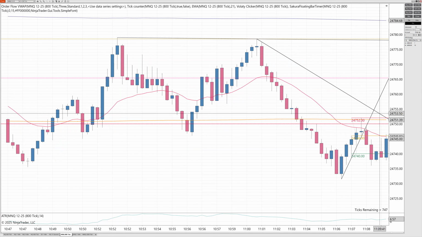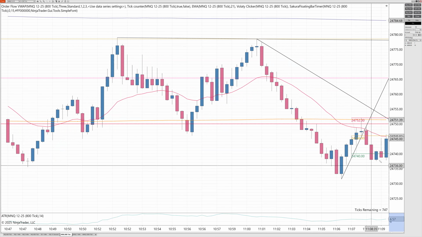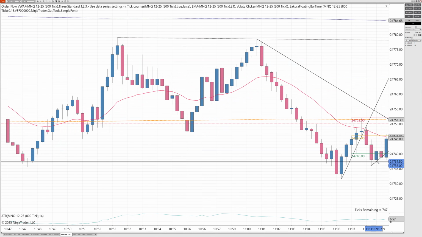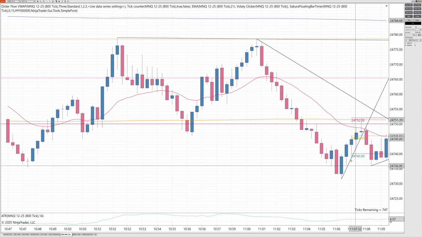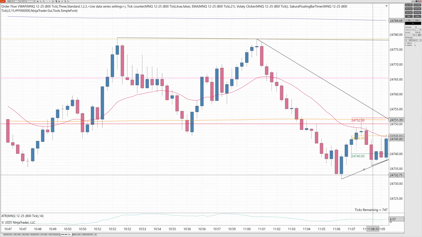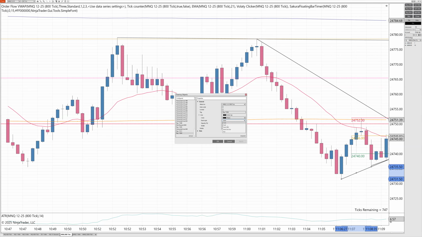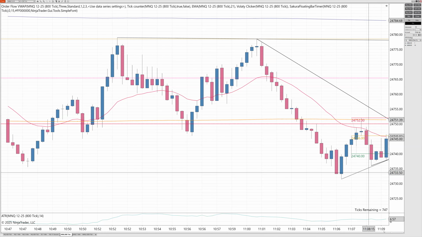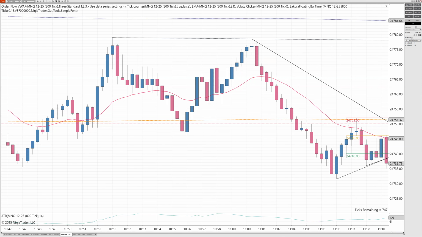And the runner was taken out here. So we're going to have two trend lines, this one and this one, which are almost the same. This would be the signal to go lower if we get it.